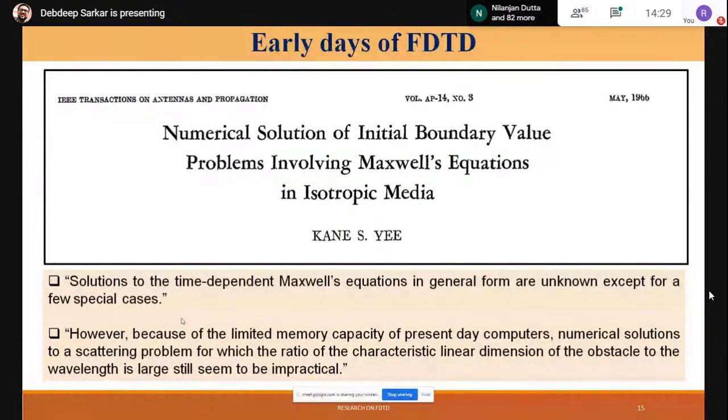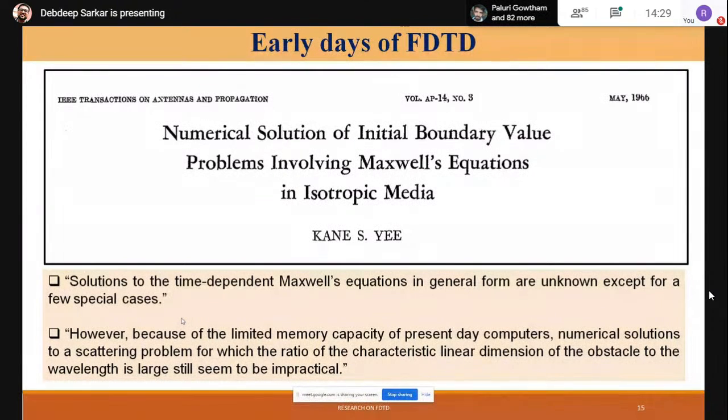But the times have changed, and now we are equipped with much better computers, thanks to our people in VLSI and computer science who have incorporated various algorithms. So we have progressed a lot.